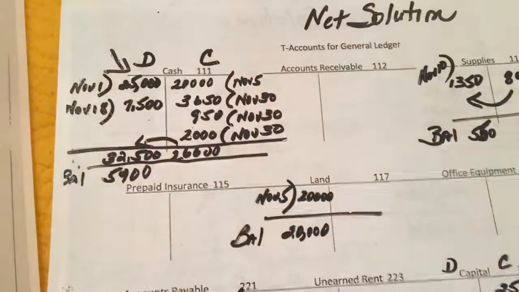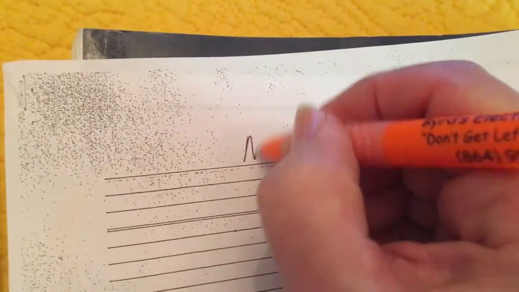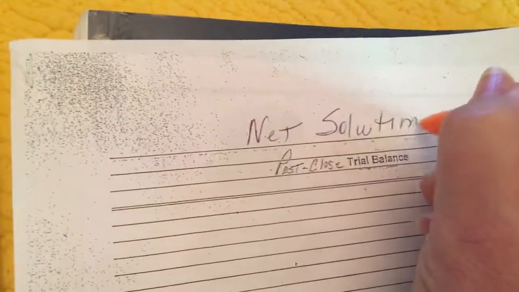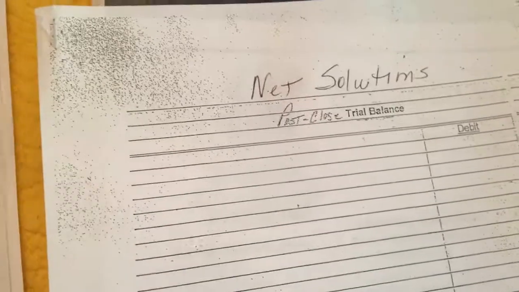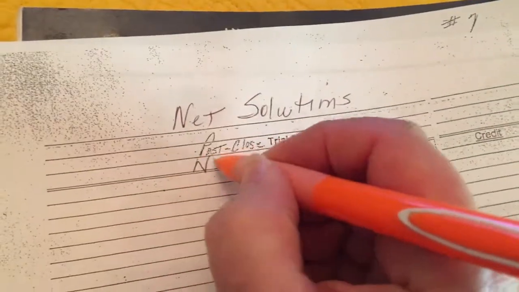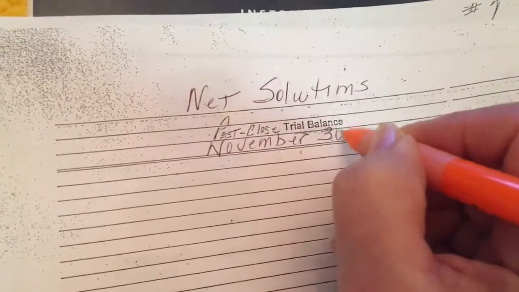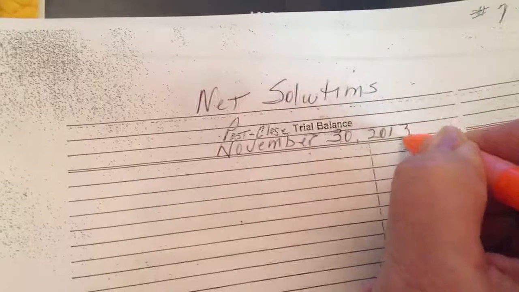So what I want you to do now is to take your post-closing trial balance. Okay, this is a book I'm working with. And I want you to start with a heading. And this is going to be, you can just put the date, November 30th, 2013.